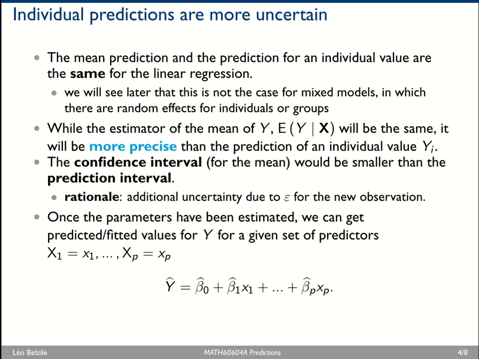But when you're looking at the variance of the prediction for a new observation, there's the variance of your estimators, the beta hats, and then there's the extra variability that's just the sample variability for this person.